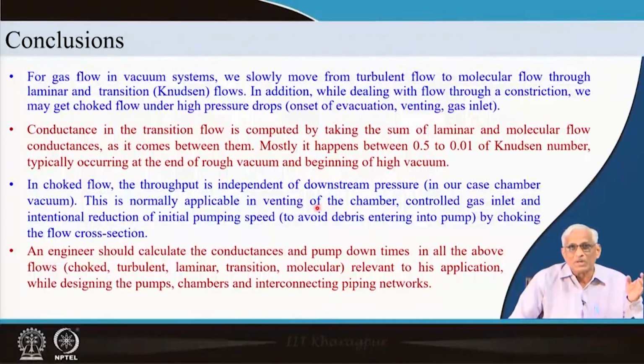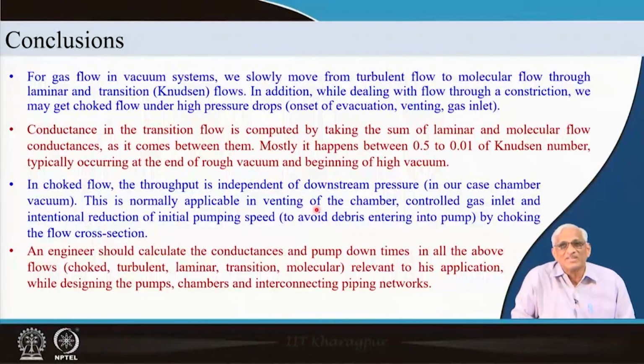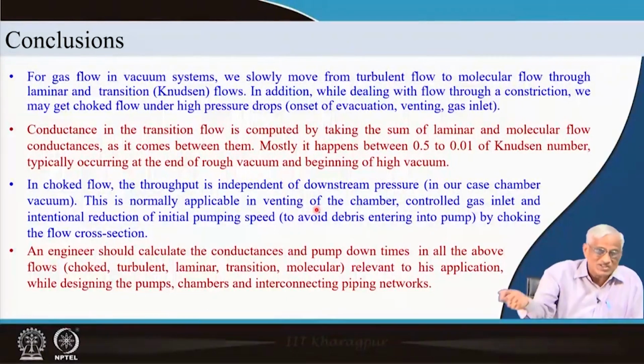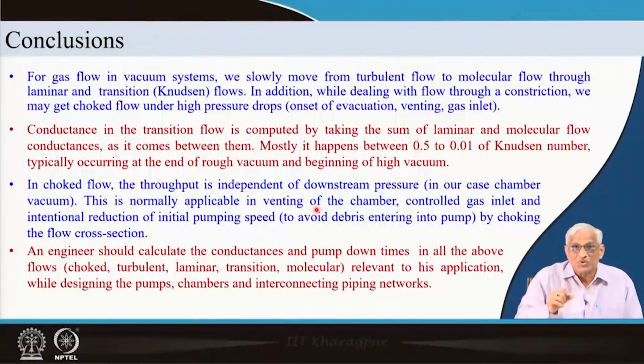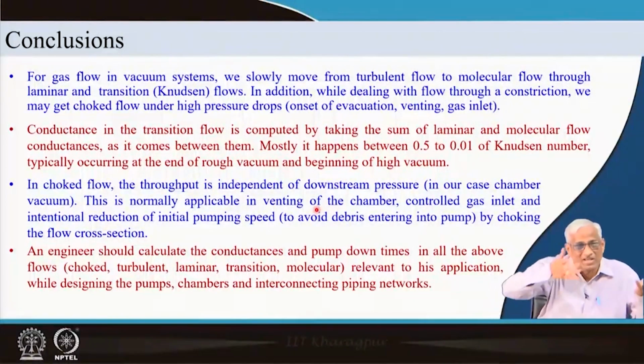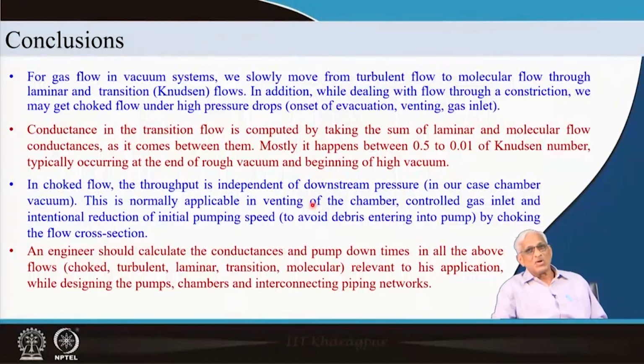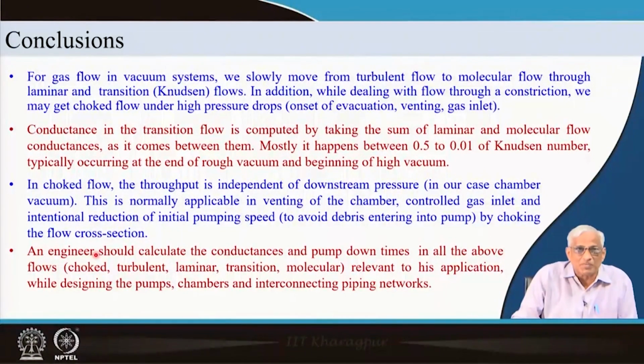This is normally applicable in venting of chambers, which you have to vent if you want to take out your product. You have to do it slowly and apply some gas inside, which is in a way also choked. You cannot introduce gas suddenly, or you will get into accidents. Controlled gas inlet or intentional reduction of initial pumping speed to avoid debris, all these choked flow problems you have to understand properly.